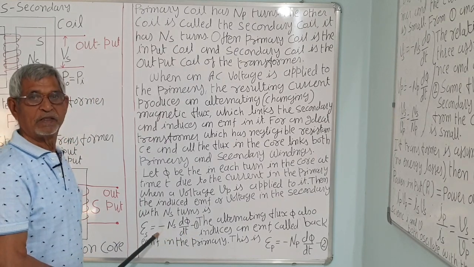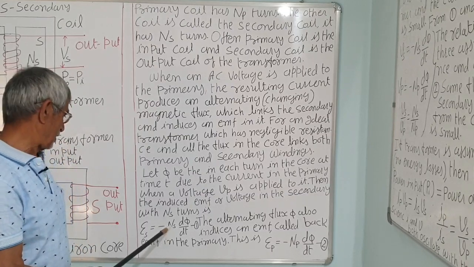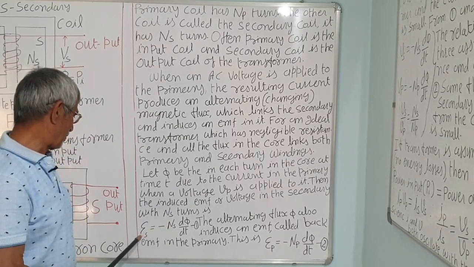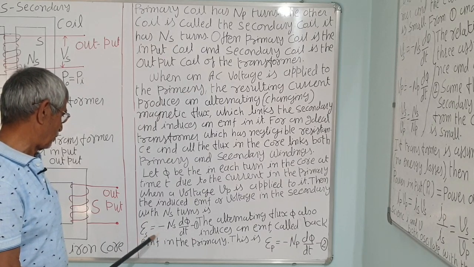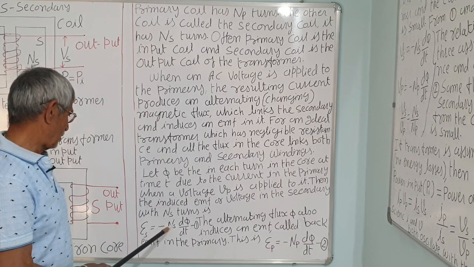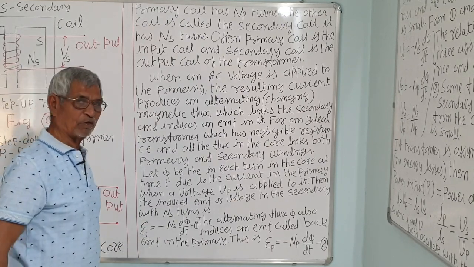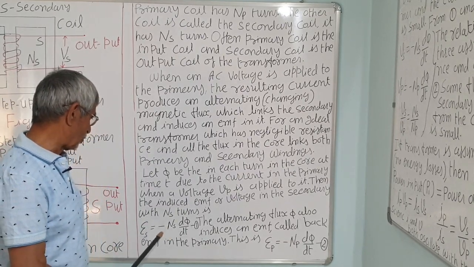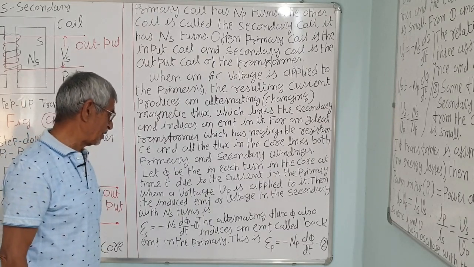Whatever flux is associated with the primary will link with the secondary. So the induced EMF in the secondary, Es, or Vs also, because resistance is 0, is equal to minus Ns dΦ/dt. The minus sign is there because of Lenz's law, it is in the opposite direction.